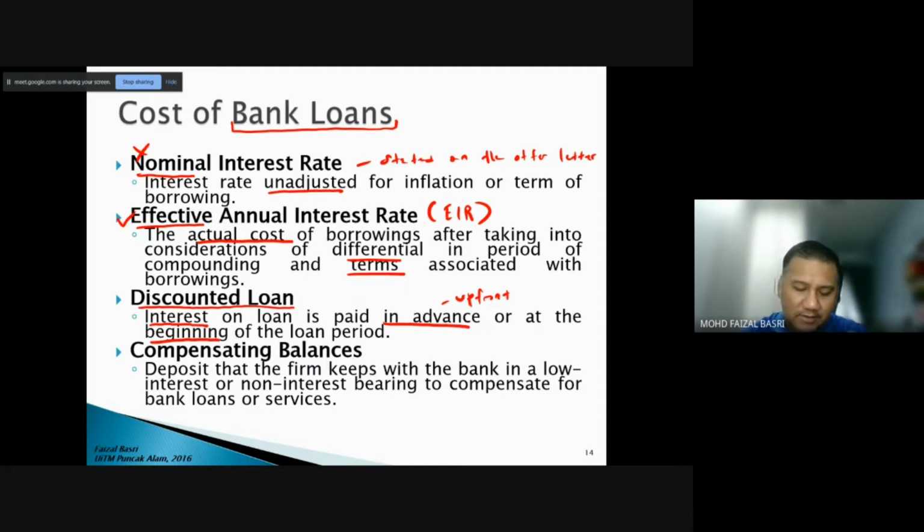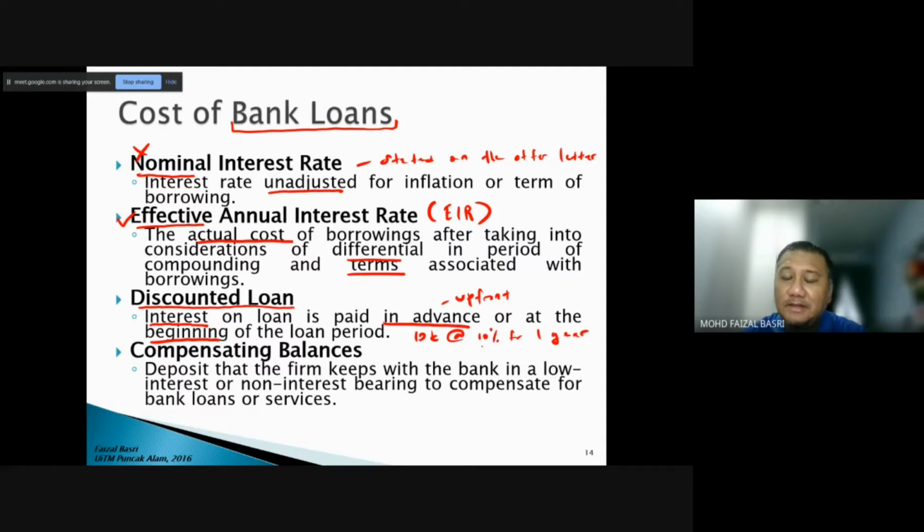So meaning, again, I use 10,000 ringgit. Let's say you borrow 10,000 ringgit from the bank and the bank charges, let's say, 10% interest. So 10% of that 10,000 ringgit you have to pay upfront. Let's say 10K at 10% for 1 year. So 10% of 10,000 ringgit is 1,000, right?